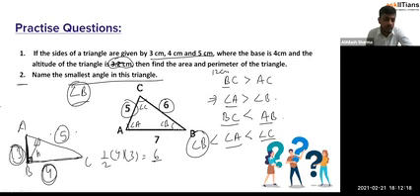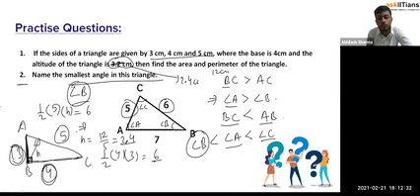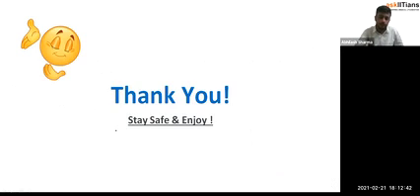So look, area can be written as half into 5 into height, but we already know area came out to be 6. So height will come out to be 12 by 5, which comes out to be 2.4. So here it should have been 2.4 centimeter. So sometimes even if the question is wrong, by applying our own brain, we can correct it. So I hope this is also clear to everyone.